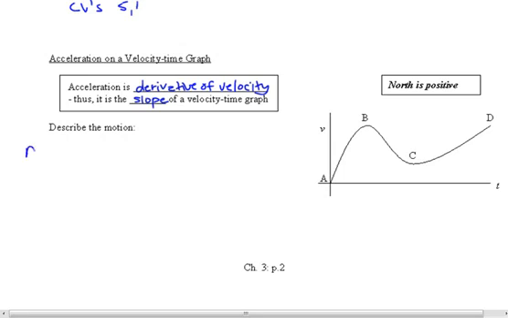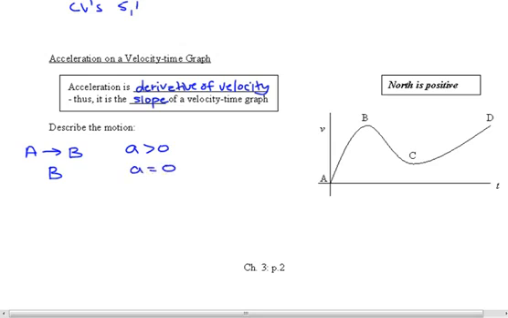From A to B, what's going on? It's positive acceleration. Why? The velocity is increasing, so we have positive acceleration. At B, acceleration is 0.